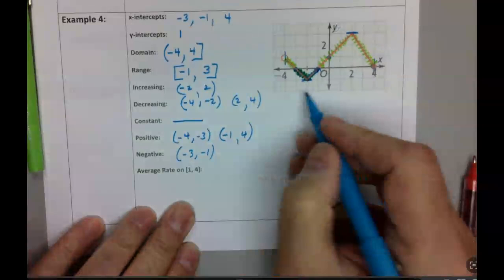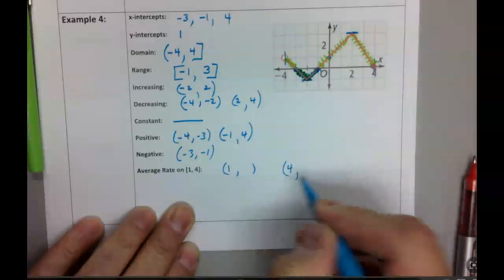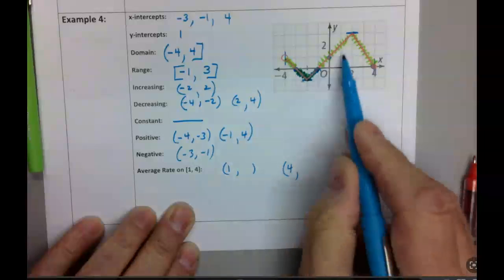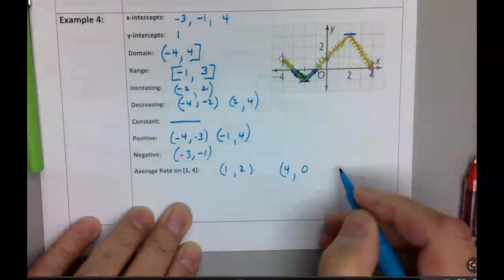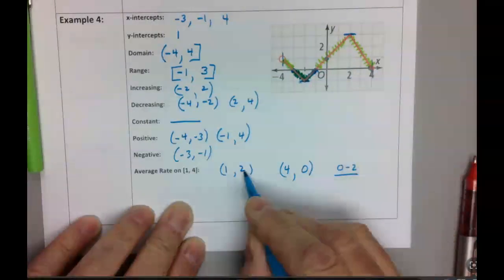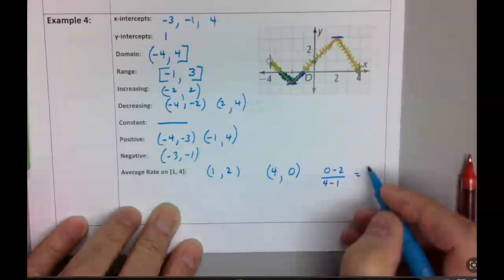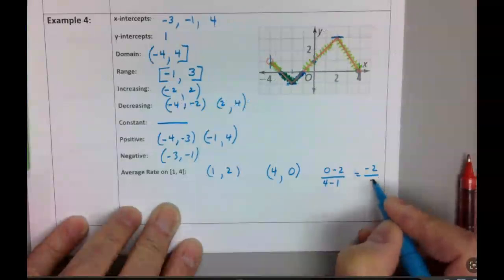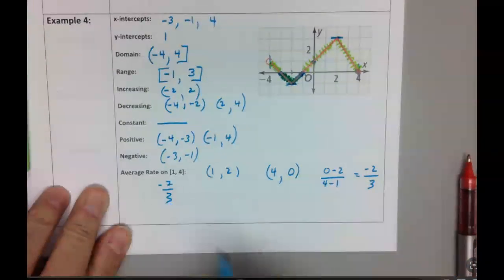So the ordered pair for 1 and 4. So 1 is what? 2, and 4 is 0. So my rate of change would be y's over x's, so 0 minus 2 over 4 minus 1. So that would give me negative 2 over 3. So my rate of change would be negative 2/3. Okay?